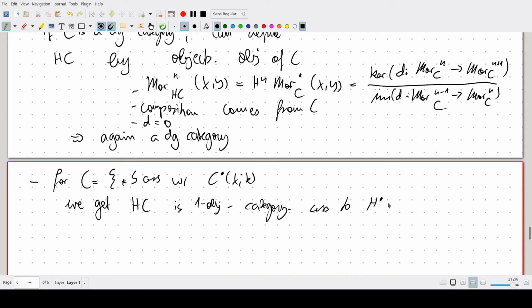And that one is called H bullet of X with coefficients in K, the singular cohomology ring or algebra or whatever.